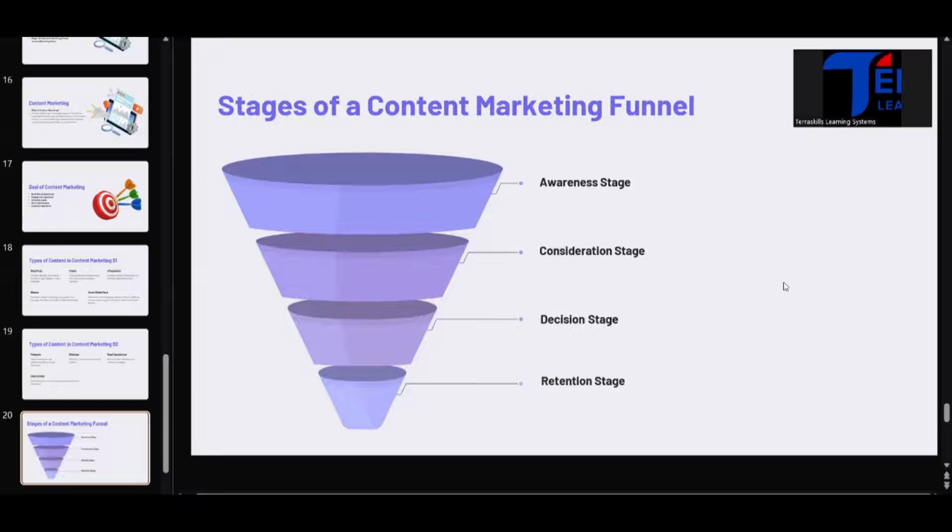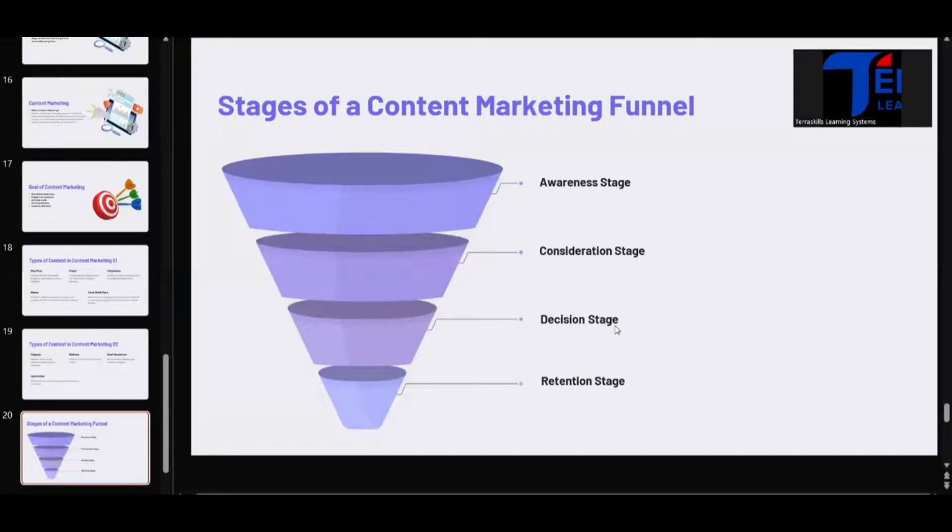So in each of these stages of content marketing, there are different styles of content that need to be put out in order to speak to the audience in each of these stages. So for the awareness stage, you might be putting out more informational style of content. For the consideration stage, you might be putting out more value-oriented style of content, telling them this is what you've done before, this is how you can help them.